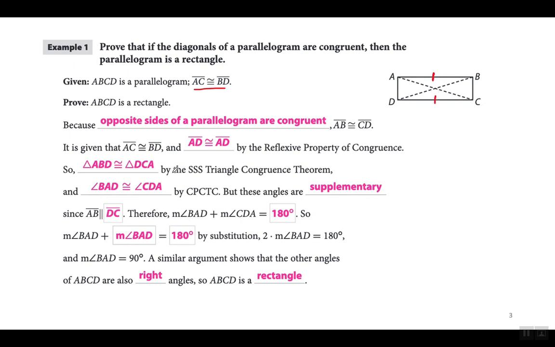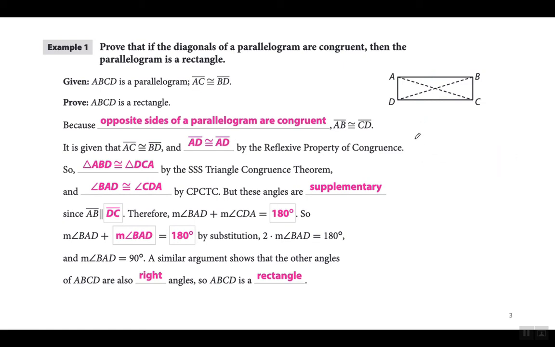And then it says it is given that AC is congruent to BD. Those are the diagonals. And AD is congruent to AD by the reflexive property. Okay, so what they're doing is this. They're looking at these parts of the rectangle.